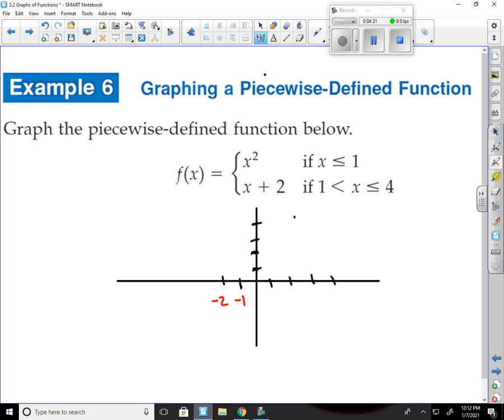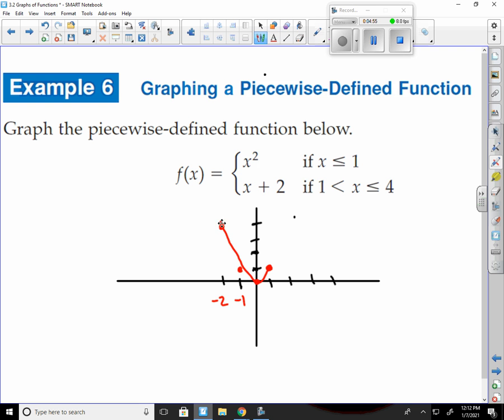So my first point would be negative 2, 4. Then if I plug in negative 1, squared is 1. Plug in 0, it's 0. And plug in 1 again, that gives me 1. And so I can graph this using the points that I just drew.